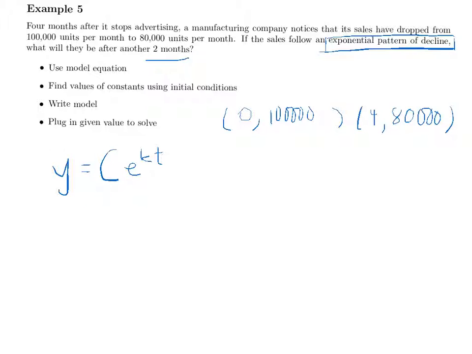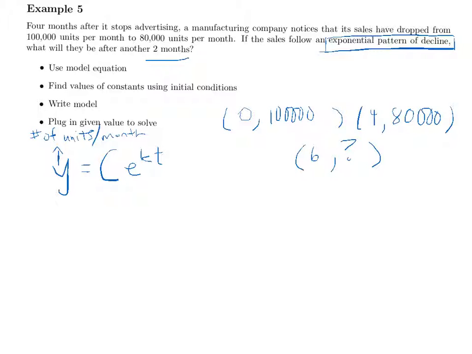So what is the data point we're looking for? 6. When t equals 6 months, what is y? What does y mean in this particular problem? How many units per month? You guys are pros. y is the number of units per month.